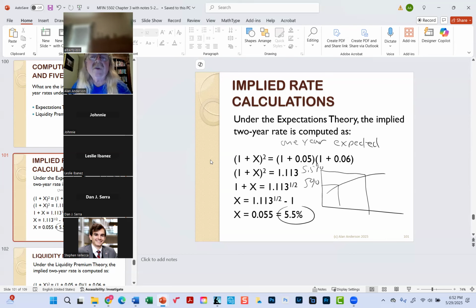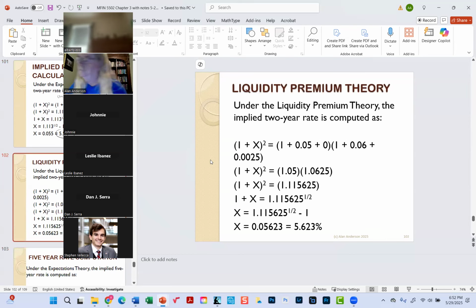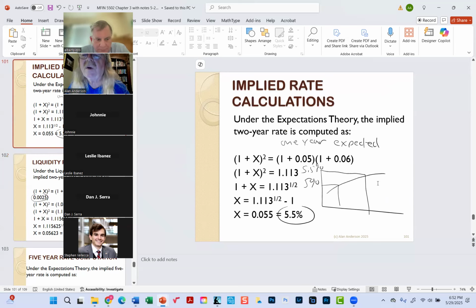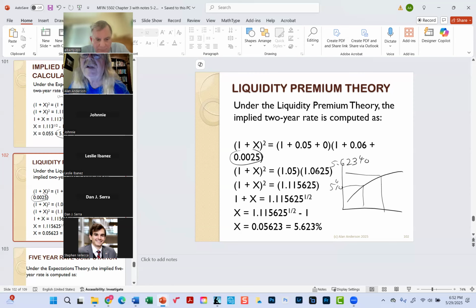But what they're saying is, with the liquidity premium, instead of 5.5%, we end up with 5.623%. Because of that little extra premium for the second year, the curve gets pushed up a little bit more than it did here, 5.5 versus 5.623.